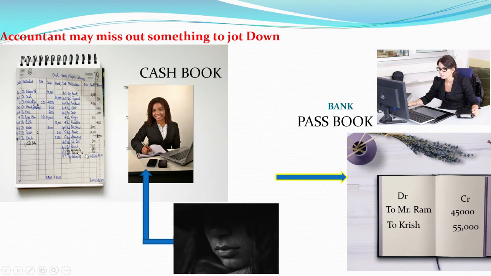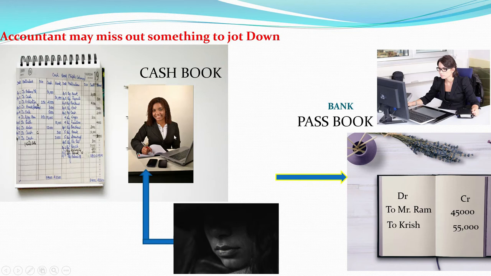Now the money of the cash book got reduced because it's been deducted from the cash book bank balance, but as it's not been deducted from passbook, it will definitely decrease the balance of cash book, and because of that the balance of cash book and passbook will not match.